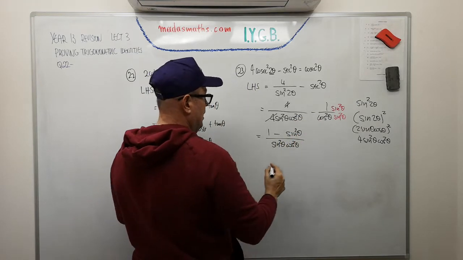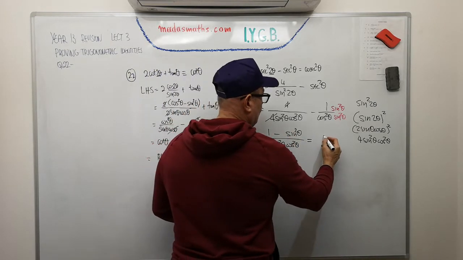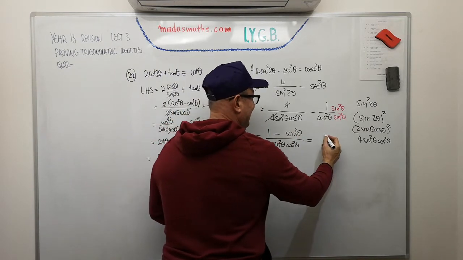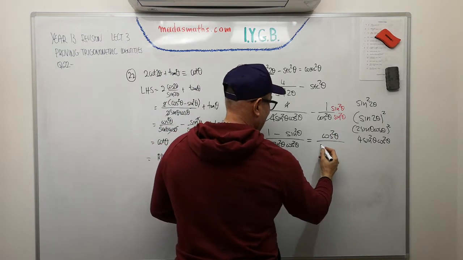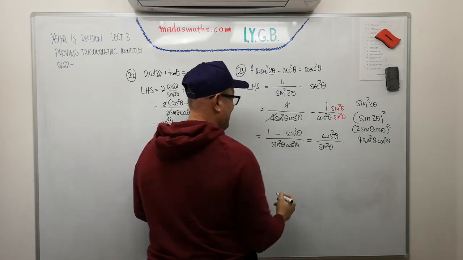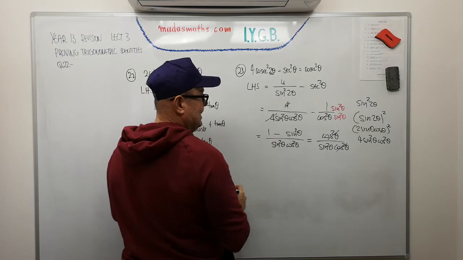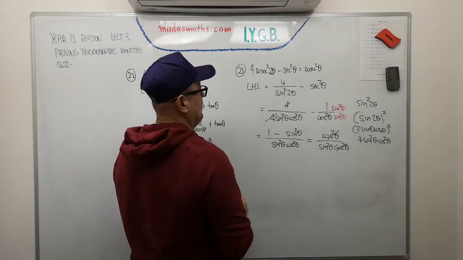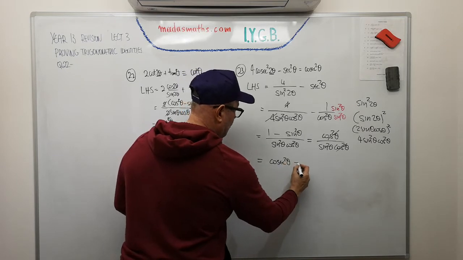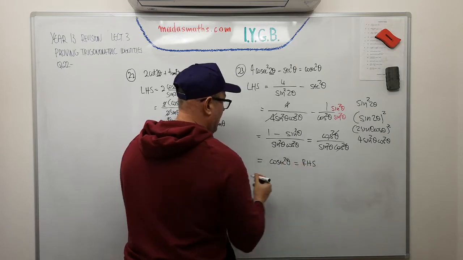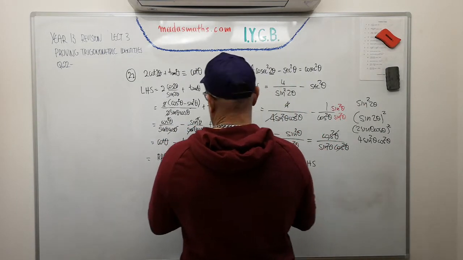And now it's time to start smiling, because we are done practically. 1 minus sine squared theta. I often give the answers. Cos squared theta over, lucky that wasn't anything hard to see. Everybody should be able to see this one. Okay, this cancels, and that gives me, of course, 1 over sine squared, which of course by definition is cosec squared theta, which of course is our RHS. And this is number 23 done.